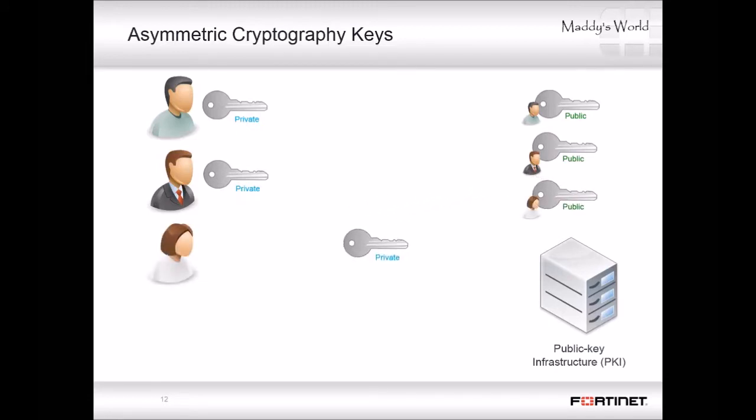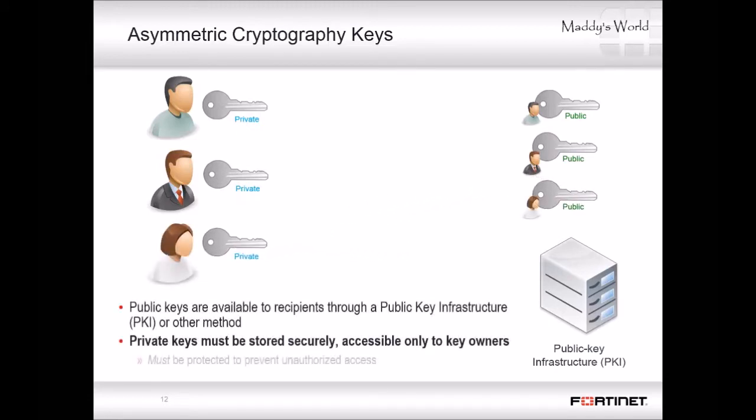The public keys are made available by using different methods. Those methods include email, secure websites, or public repositories such as a public key infrastructure server such as a CA. Private keys, on the other hand, and as I said, must be stored in a secure and private place, such as a file in a single physically secure location with very restrictive permissions.